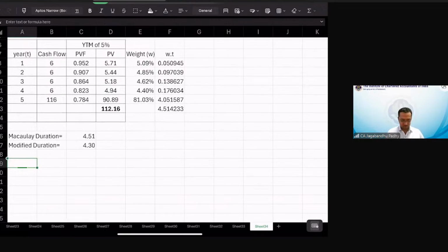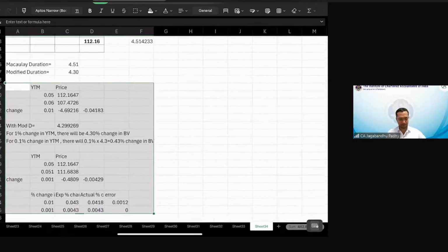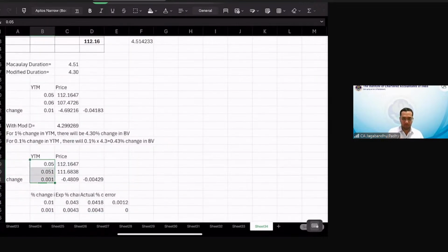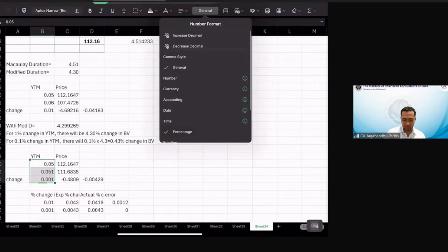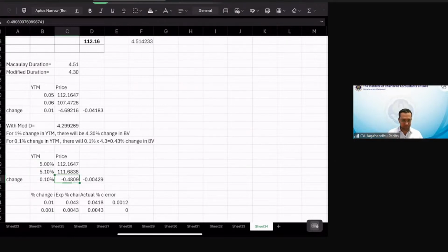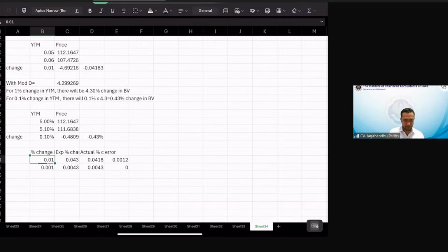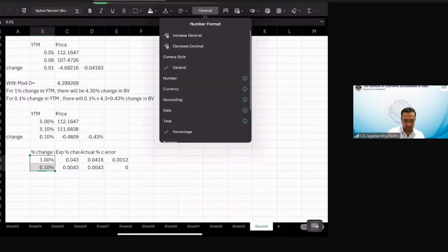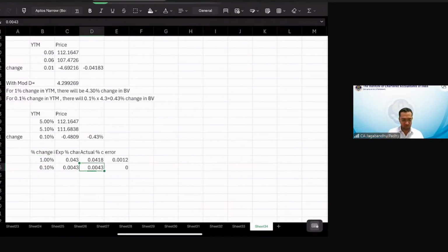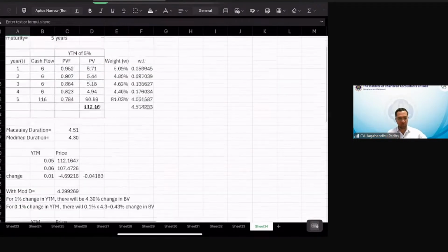And of course, we'll be doing the correction part also to it. Make it percentage. Yeah, this is what we have already covered.